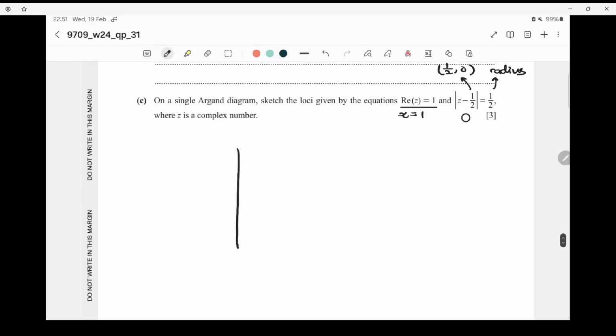So what you can do is to sketch the following. You have one straight line, so that is your Re z equals 1, and then this is half.